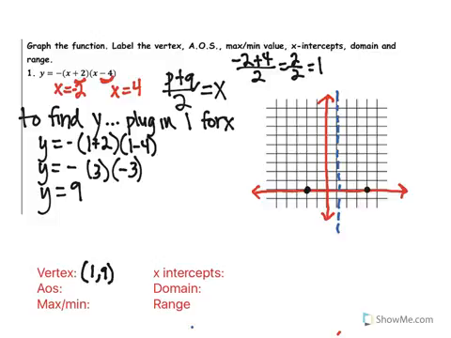Axis of symmetry, 1. Can you please plot your vertex over 1 up 9? Go ahead and do that. Connect the dots.